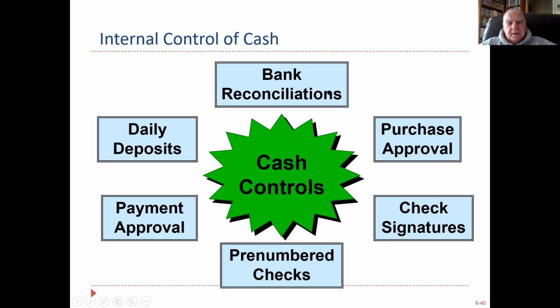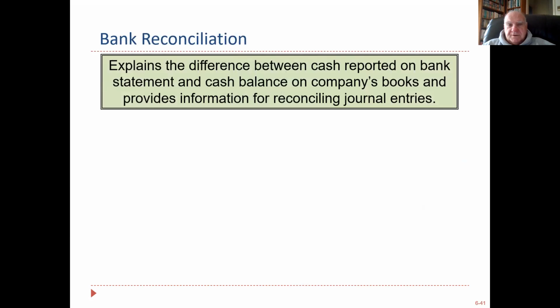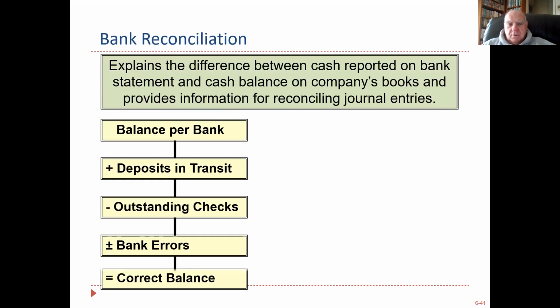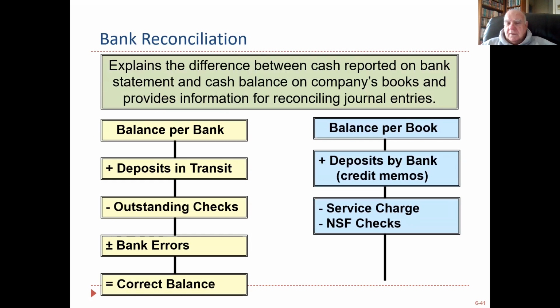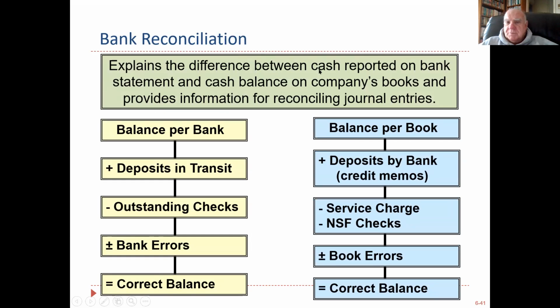Okay? Bank reconciliations. It explains the difference between the cash reported on the bank statement and the balance on our checkbook, on our general ledger. So what we're going to say to ourselves is, at the end of the month, we got the bank statement.